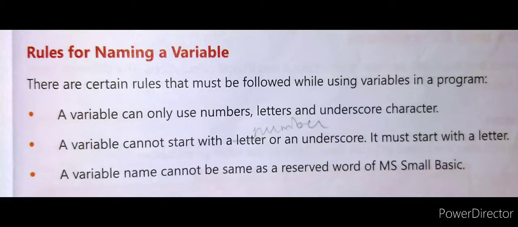Remember, the variable must start with the alphabets followed by numbers and underscore. The variable name cannot be the same as reserved words like if, end, text, WriteLine, write, etc. These names cannot be used as a variable name.